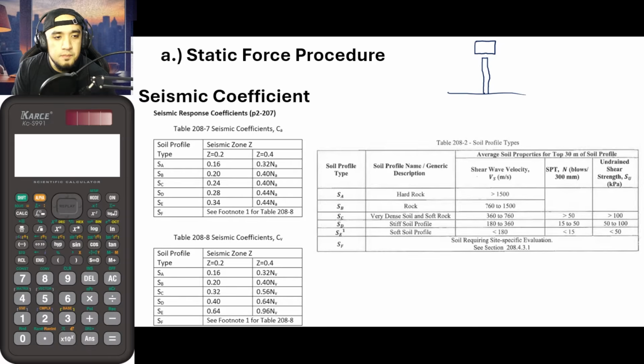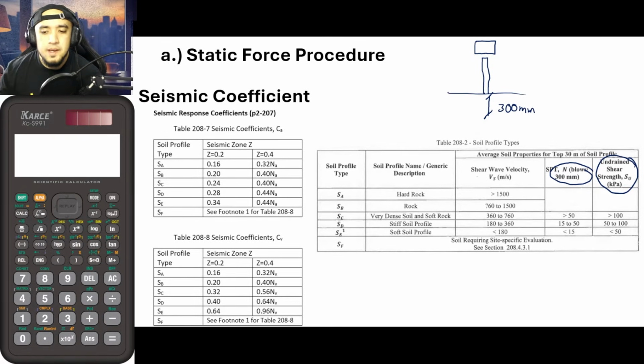So for the soil, if it would now be penetrated by 300 mm, you would now be counting the number of blows it took for it to penetrate the soil by 300 mm. Okay, and you also have undrained shear strength here in terms of kilopascal. So those are now the basis of our geotechnical engineers.